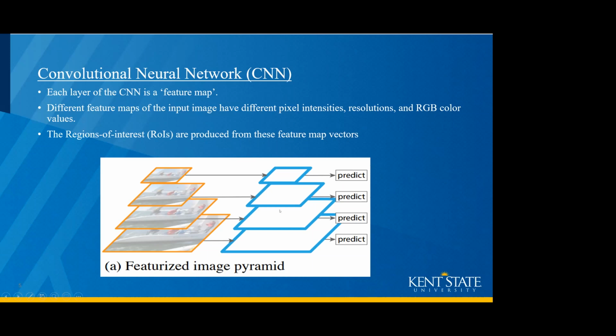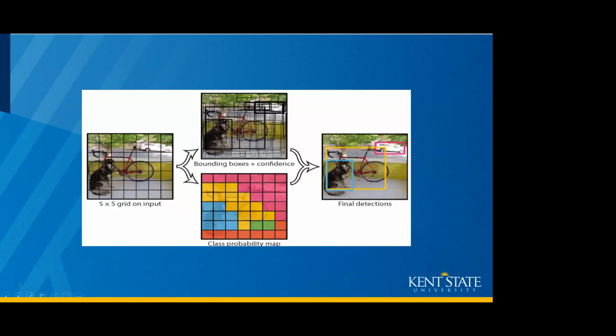So this process is done many times, and with each feature map, there are different RGB values, pixel intensities, resolutions, etc. So that way it will increase accuracy with each layer and make predictions. And then these predictions are essentially fused together to form an image pyramid. And also these regions of interest, the regions of interest are like the dog, the object, the objects essentially.